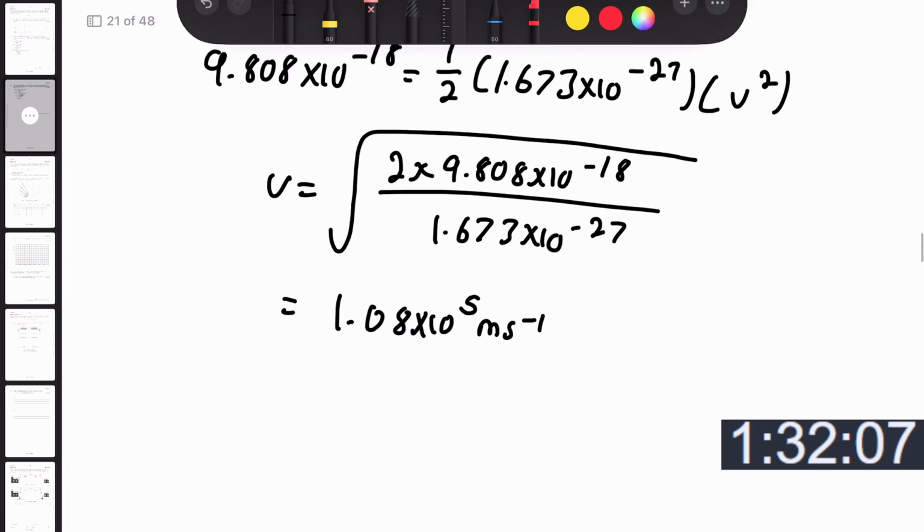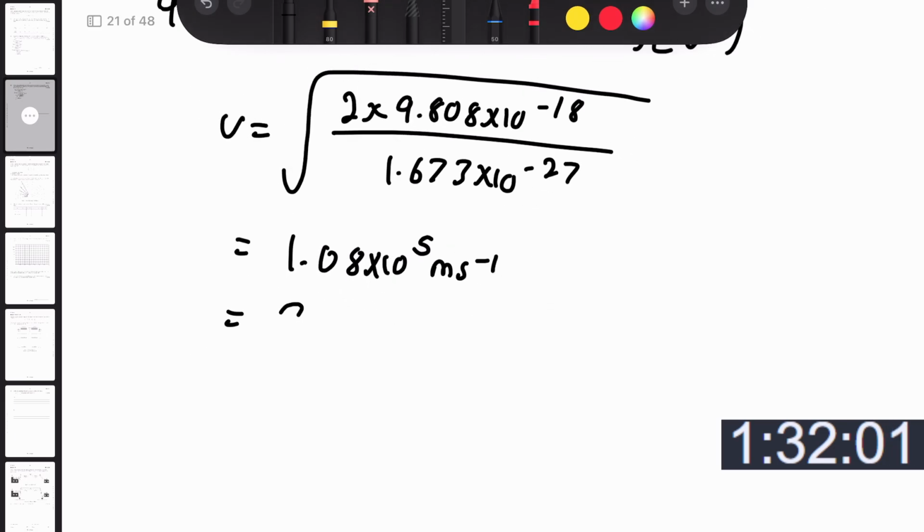As a fraction of c: 1.08 times 10 to the power 5 divided by 3 times 10 to the power 8. 3.60 times 10.